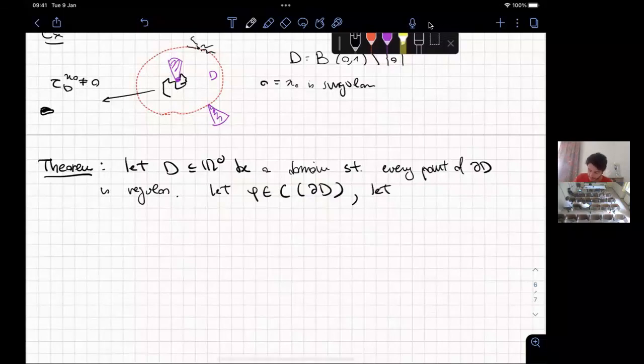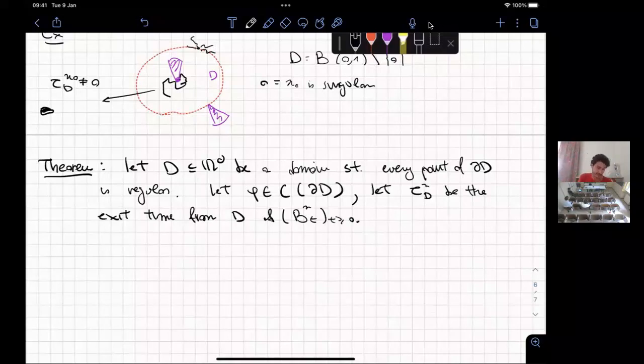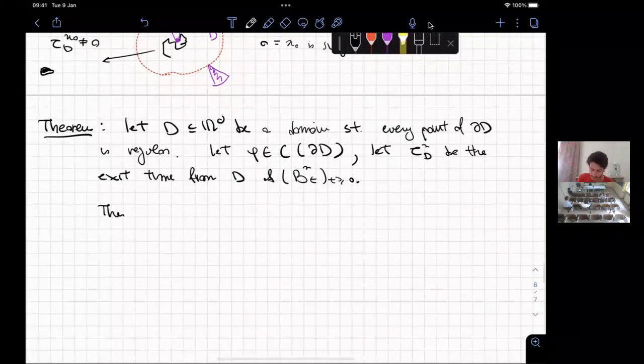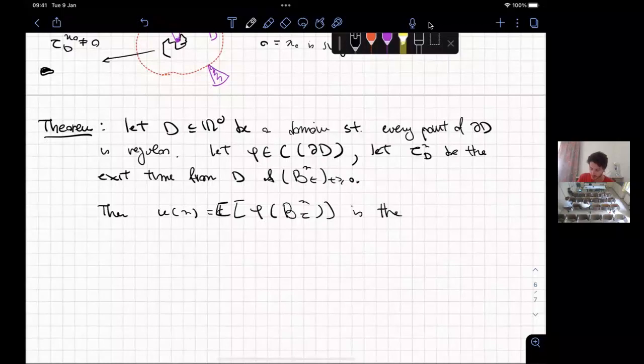And let tau_D(x) be the exit time from D of the process started at x. So exactly what we did before. Then u(x) equal to the expectation of this guy is the unique solution to the problem.